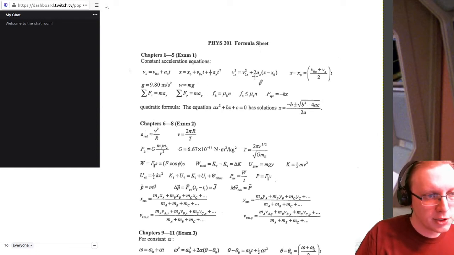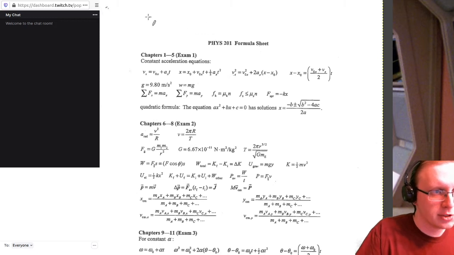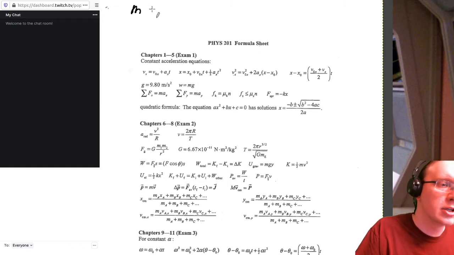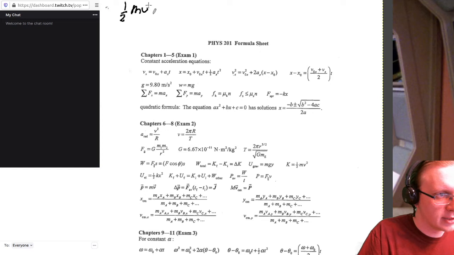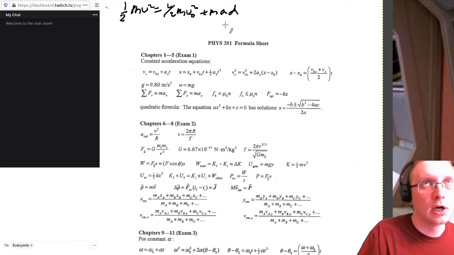This one I call the energy equation because it comes from energy conservation. 1/2 mv squared is equal to 1/2 m v naught squared plus the initial position in height, which would be mg, or some other way of getting constant acceleration.